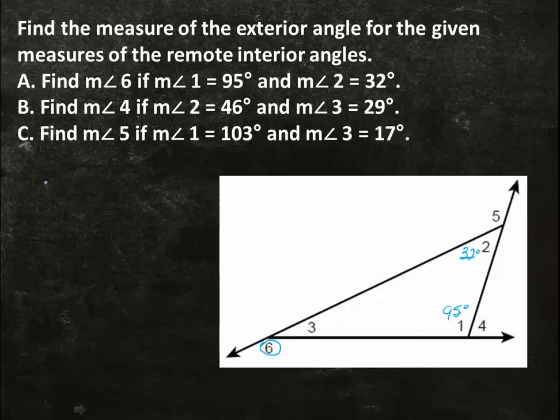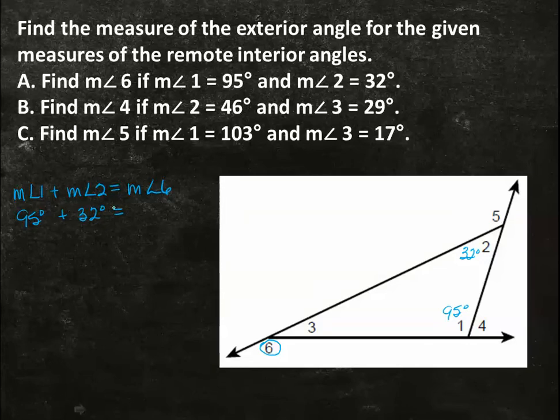Now you've got to remember that exterior angle theorem. We know that the measure of angle 1 plus the measure of angle 2 equals the measure of angle 6. So angle 1 is going to be 95 degrees. Angle 2 is 32 degrees. I add those up.